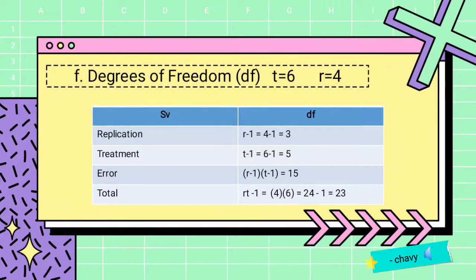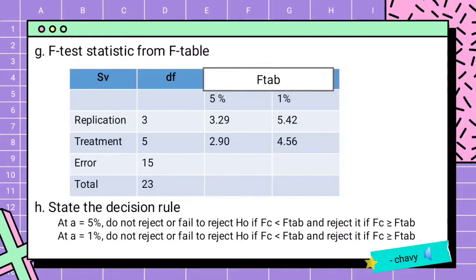After that, we will now go on to the F test statistic from the F table. We have four sources of variation: first is the replication, second treatment, third error, and fourth is the total. For the DF, we have 3 for replication, 5 for treatment, 15 for error, and 23 for total. In getting the values of F-tab, we just need to locate them in the F distribution table.